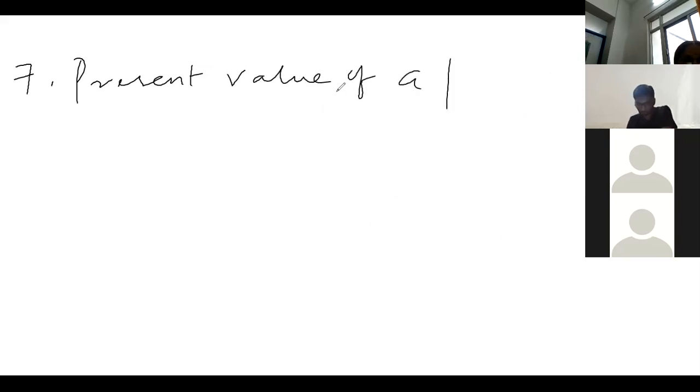So the seventh one is present value of a perpetuity.